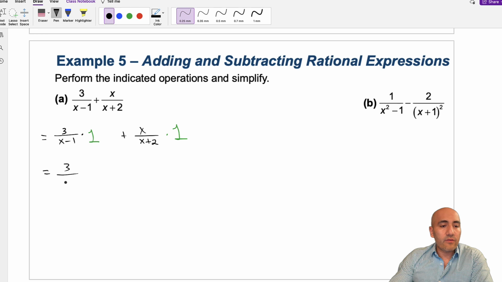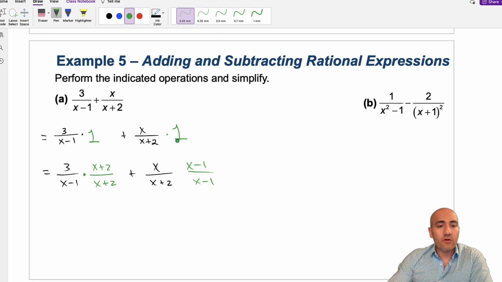And so for the first one, the new version of 1 I'm going to multiply is going to be an x plus 2 divided by an x plus 2. This is a new version of 1. I'm allowed to multiply it by that. And then for the second fraction, x over x plus 2, again, I'm going to multiply by a new version of 1, which in this case, I'm going to use x minus 1 over x minus 1.